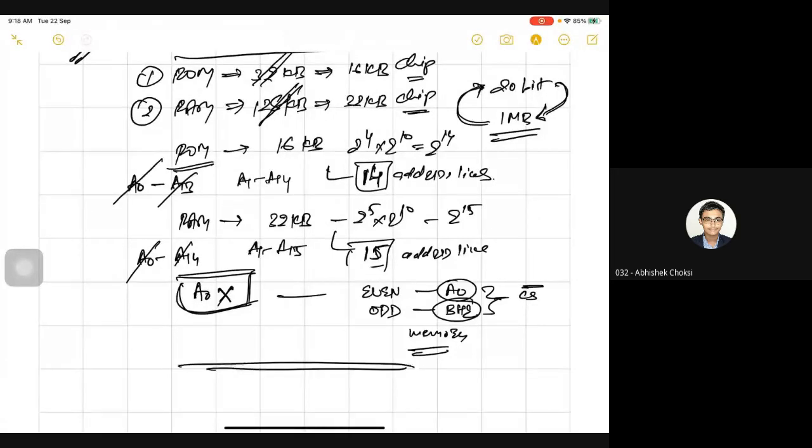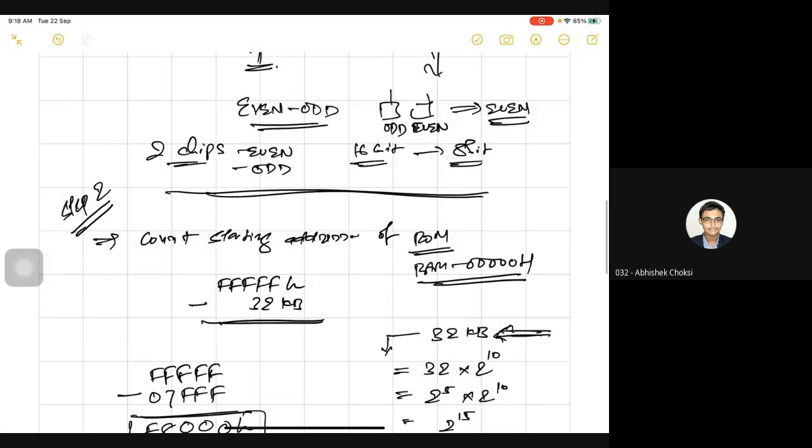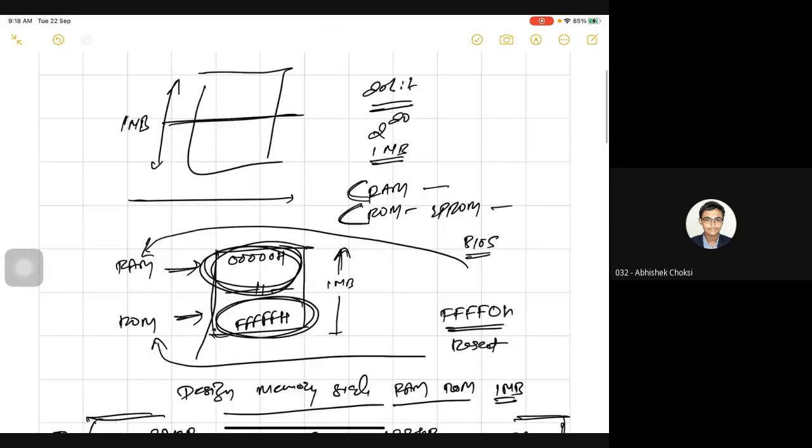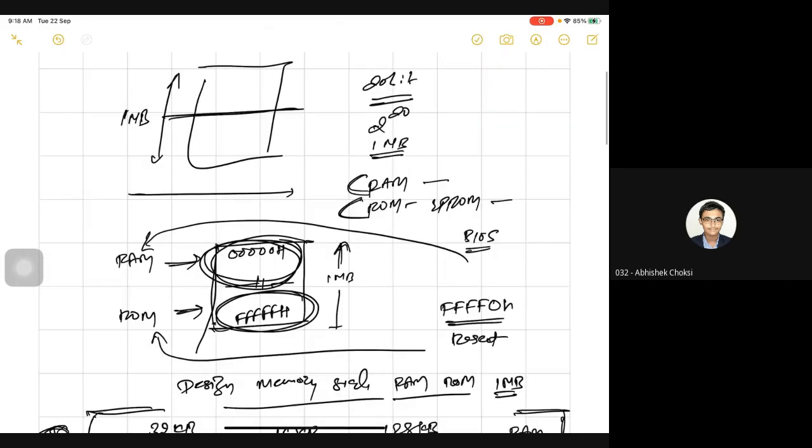Again, just for the sake of revision, let me do it again. What we are trying to do is attach memory chips to our 8086. In the 8086, this is my 1 MB of memory. The upper part is occupied by RAM, and the bottom part is occupied by ROM. Why?